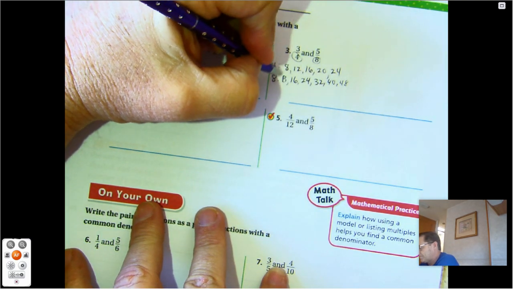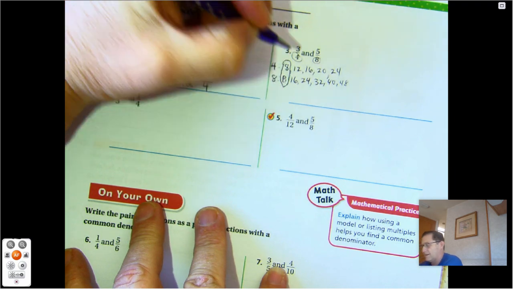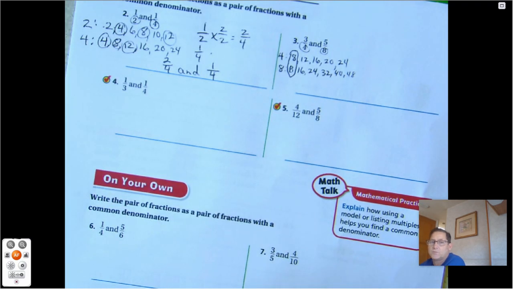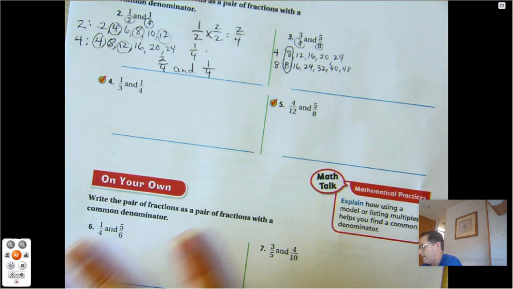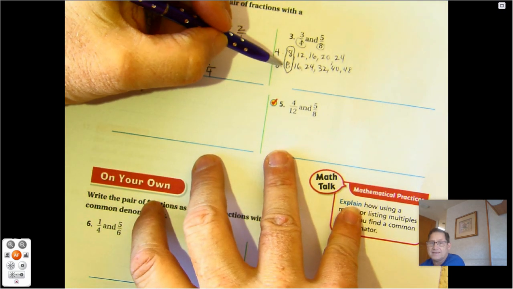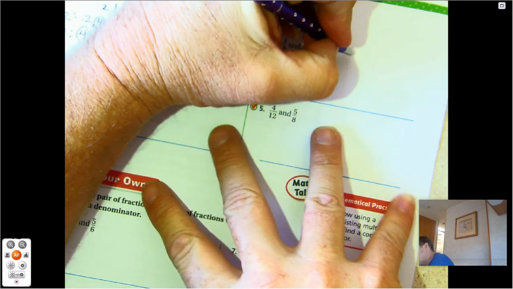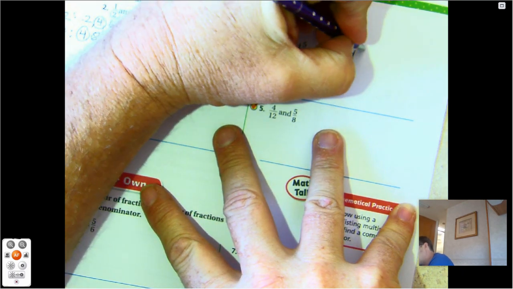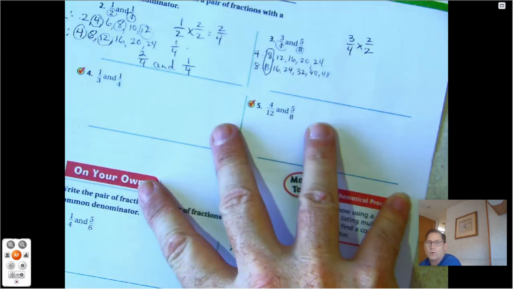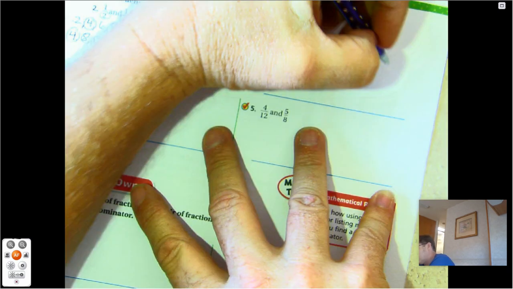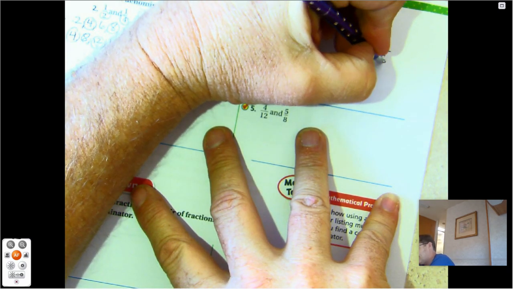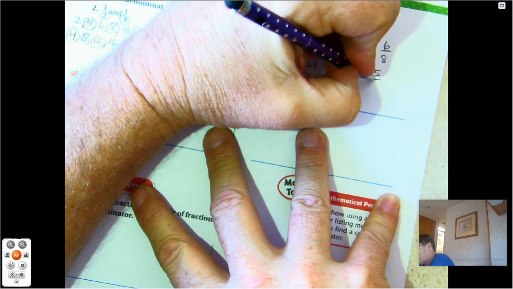Well, I see that the least common multiple is 8. All right. Well, I probably could have stopped right at 8 then, huh? If I have to find the smallest one. So keep that in mind. 3/4 times 2 over 2 would turn it into eighths. So 6/8 and 5/8.